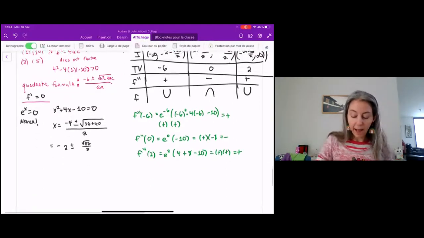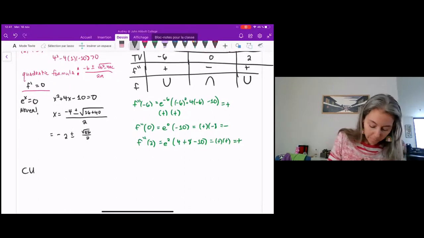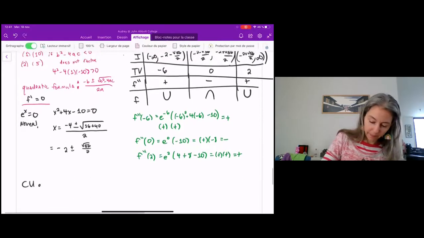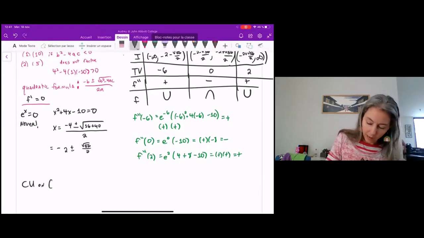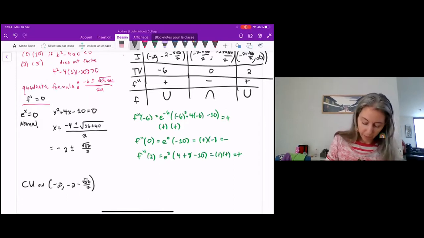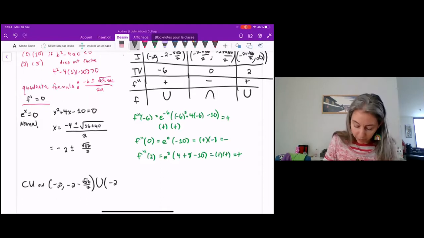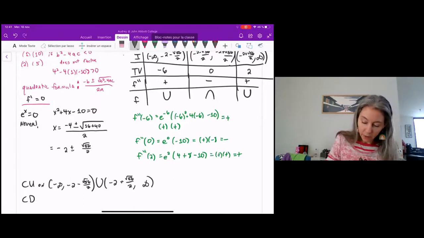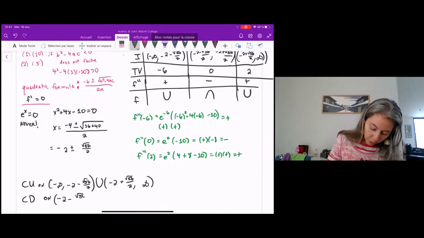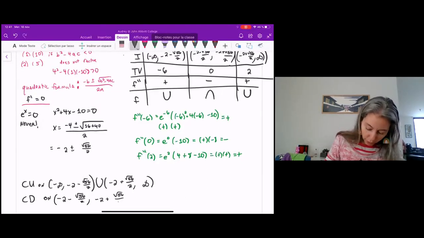So here we have that this is concave up on negative infinity, negative 2 minus root 56 over 2, union negative 2 plus root 56 over 2, infinity, and it is concave down on negative 2 minus root 56 over 2 to negative 2 plus root 56 over 2.